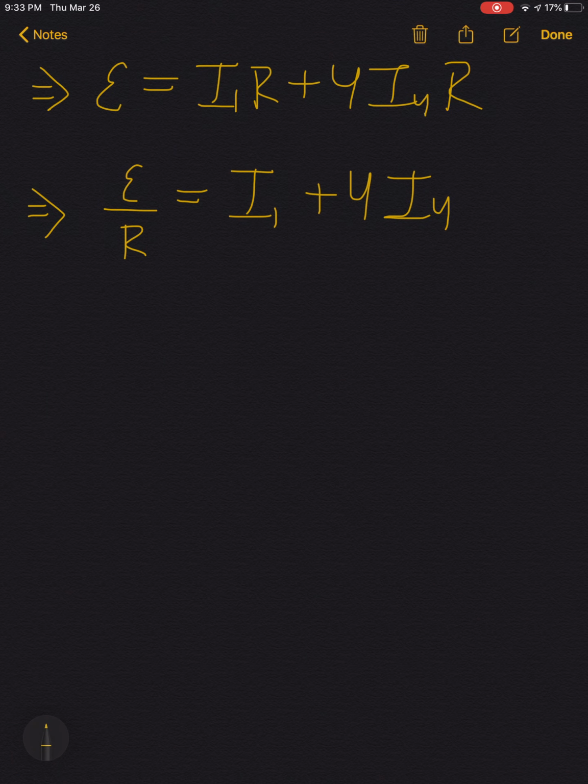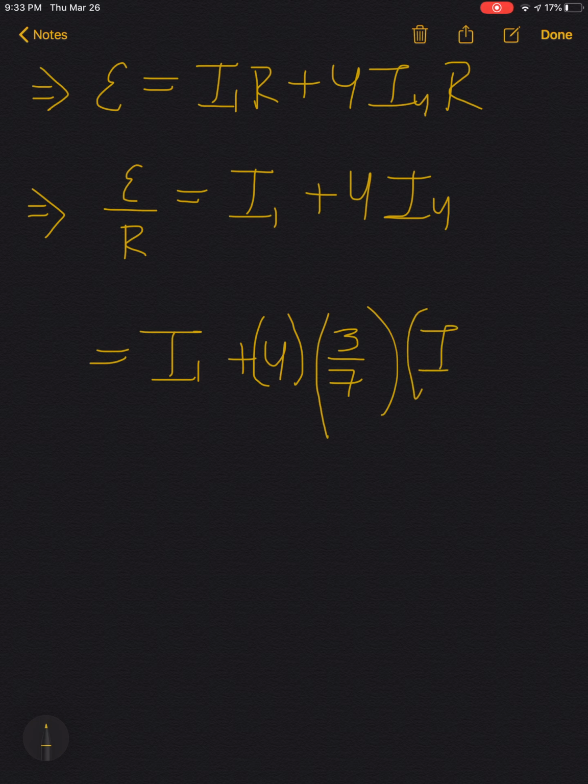And now we can plug in what we had for I4, so we rewrite this as I1 plus 4 times, let's put that in parentheses, I4 was 3/7 multiplied by (I1 plus I2).